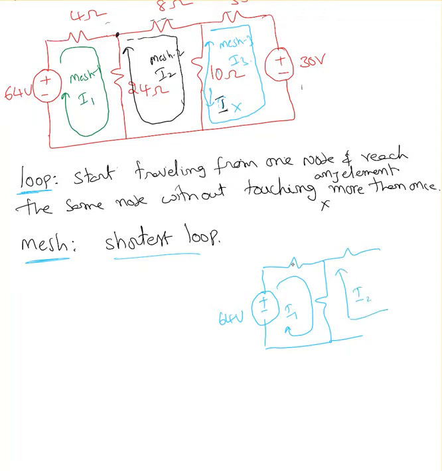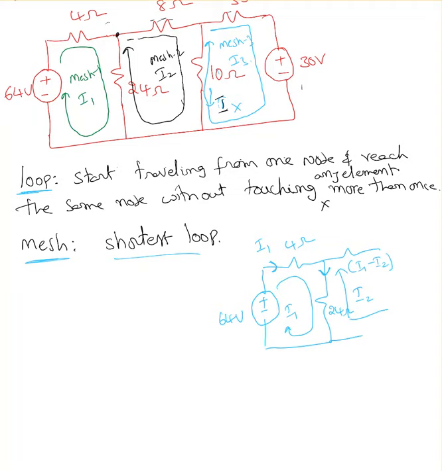If you look at the circuit, what is the current flowing in 4 ohms? I can say the current flowing in 4 ohms is I1. When it comes to the current flowing in 24 ohms, what is the current flowing there? I1 current is coming down and I2 current is going up. I'm going to call this I1 minus I2.